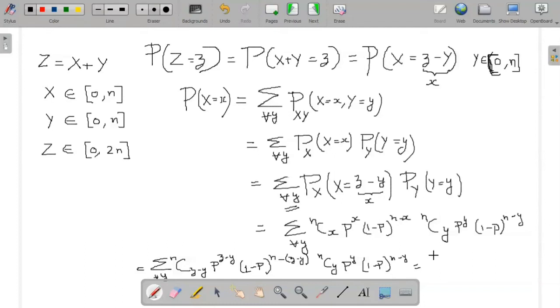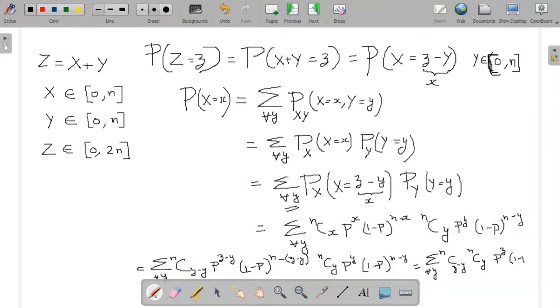So this will be equal to summation over all values of y, nC z minus y and nC y, and p power z minus y plus y. So y and y will cancel, only z will be left.